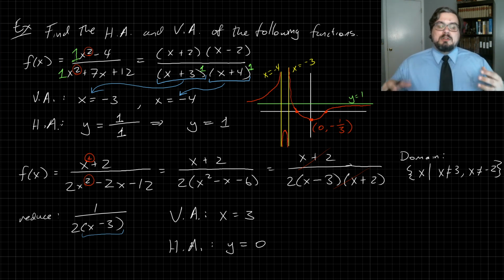When we're talking about horizontal asymptotes, we're talking about what happens when x gets really, really big, and that usually makes the numerator and denominator really, really big. So you've got the numerator, which is trying its hardest to make the whole fraction big, and the denominator, which is trying its hardest to make the whole fraction small. And so the question is, who wins?